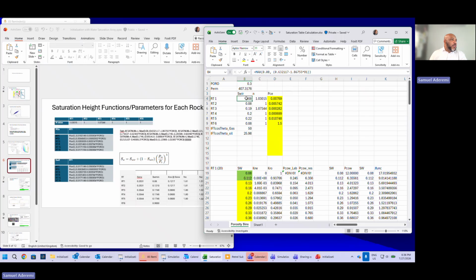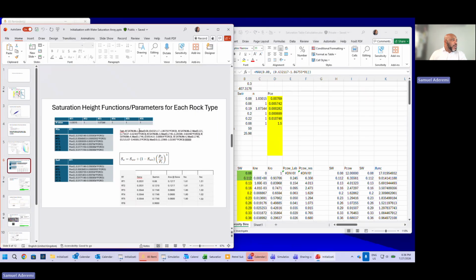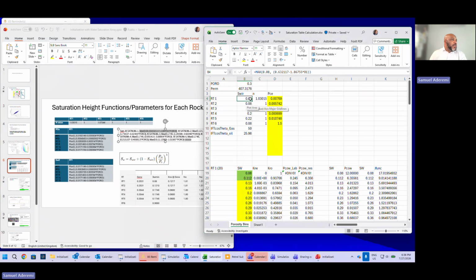For rock type 1, this is the formula we're using, and you can see the value of the SWIR, one of the parameters needed to calculate the water saturation in our reservoir model. And here you have the N for rock type 1, and for rock type 2 up to rock type 6.